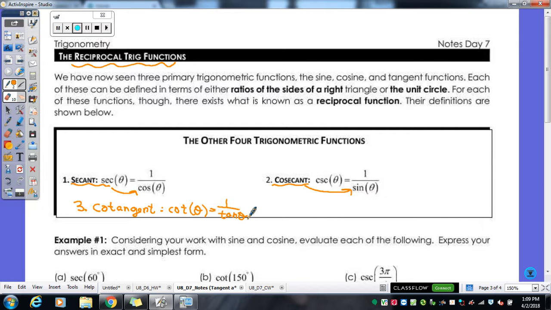Or for your cotangent, instead of doing the 1 over tangent, since we now know that tangent is sine over cosine, all we would have to do is flip that. And cotangent would be cosine over sine. 1 over tangent theta.